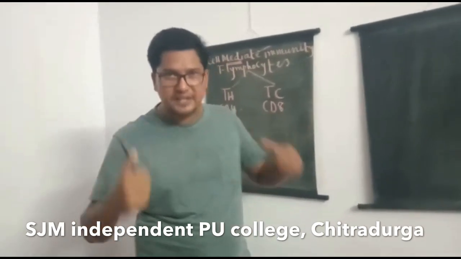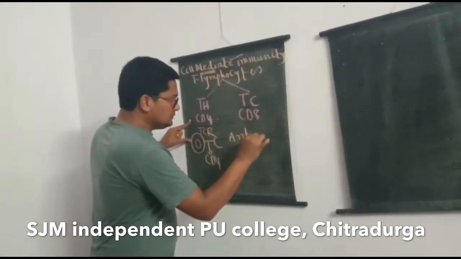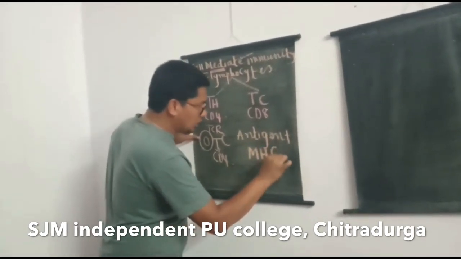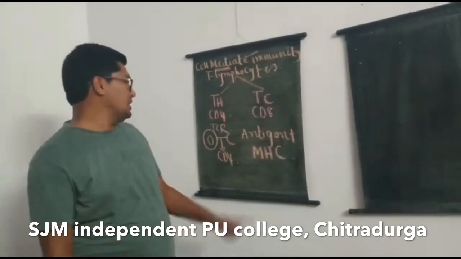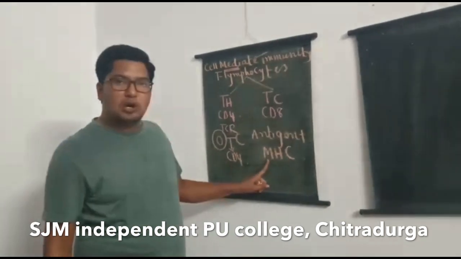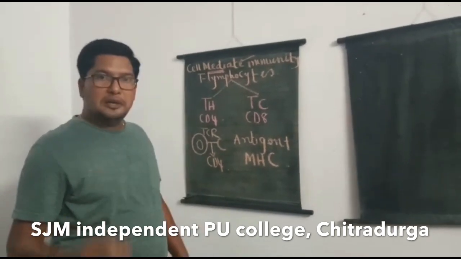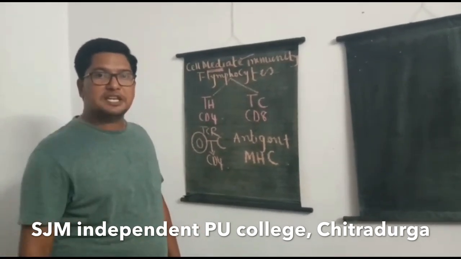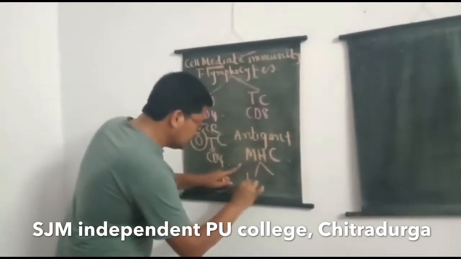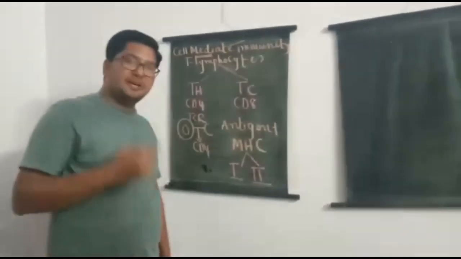If you ask me this question, my answer is, they always recognize antigen plus a special protein complex called MHC. So T lymphocytes always recognize antigen and a special protein complex present in our blood, which is called MHC. MHC stands for major histocompatibility complex, and this major histocompatibility complex is of two classes. We call it MHC class 1 and MHC class 2.